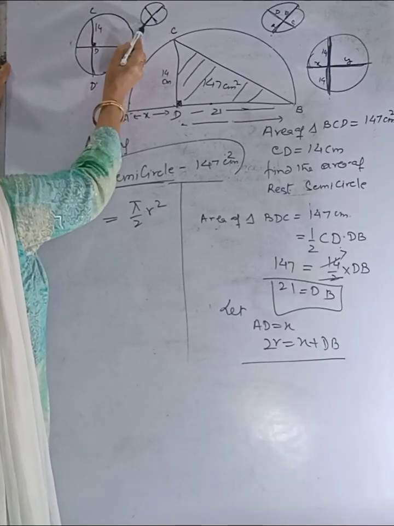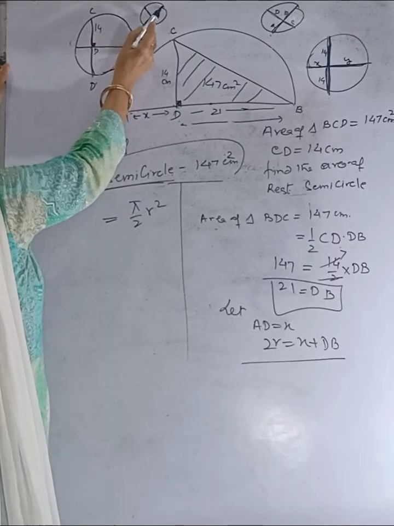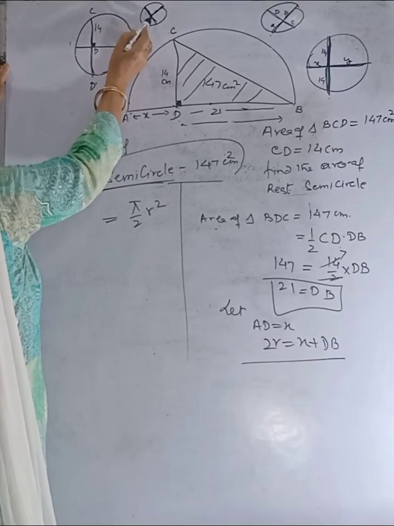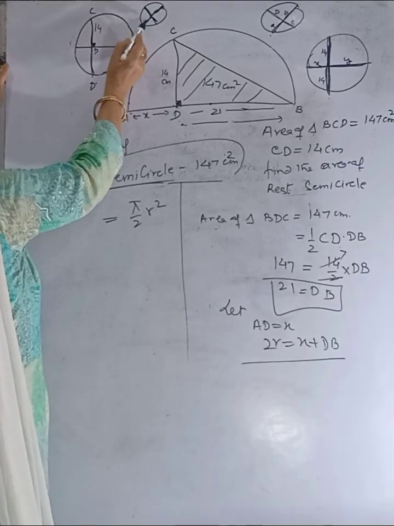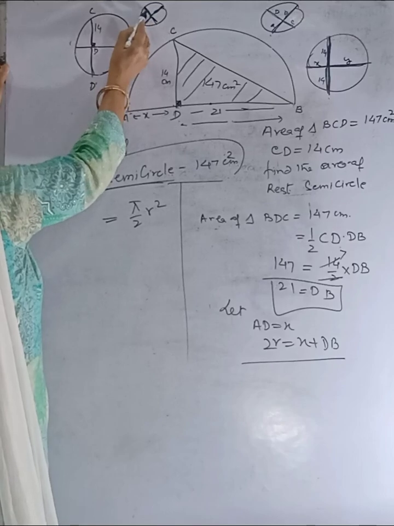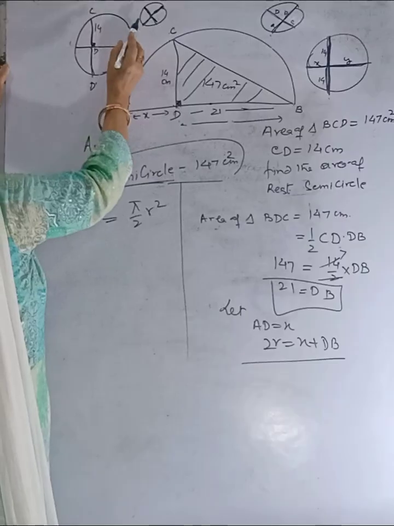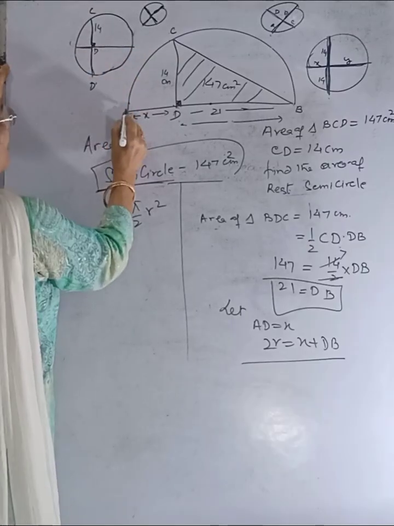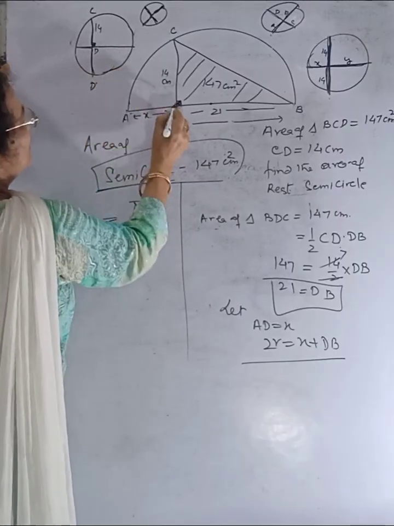If these are the two portions A and B of this chord, and C and D of the other chord, then A into B will be equal to D into C. Similarly, we consider x and DB.